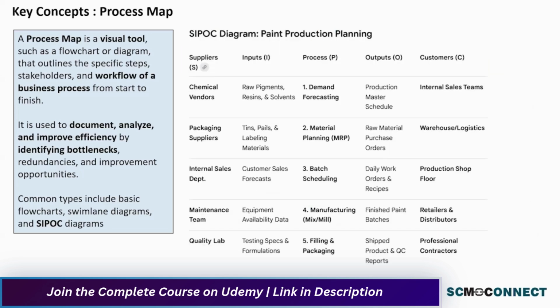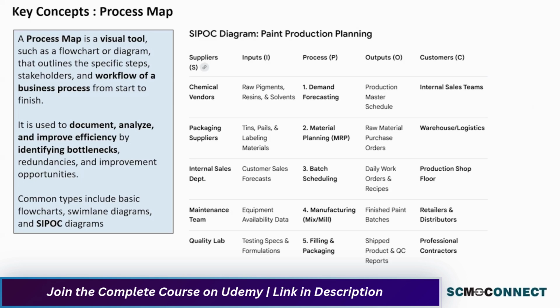So just to give you an example, I've taken the relevant example from the paints company only because we are going to talk about paints in our case study. So I thought it would be only appropriate to bring this. So a SIPOC diagram for a paint production planning company would look something like this. So chemical vendors are the suppliers.